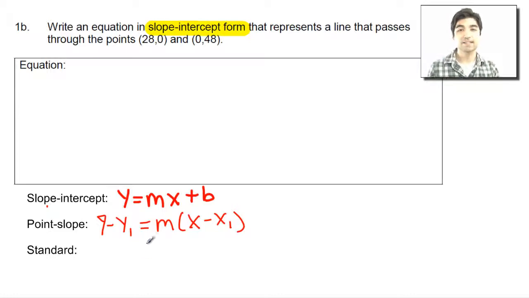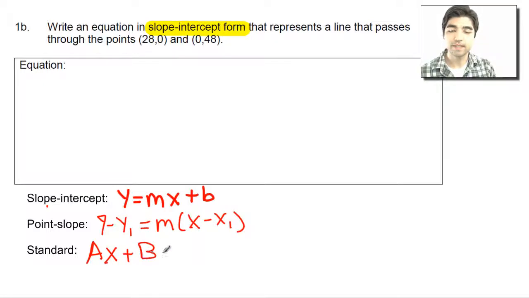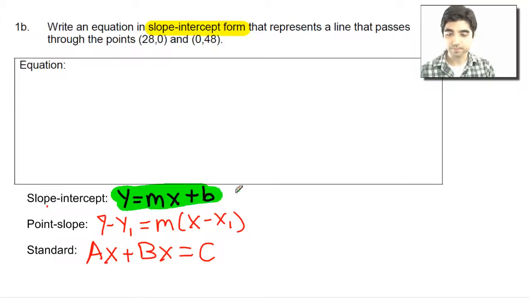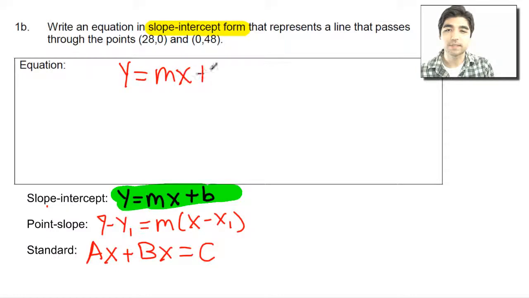And last but not least, there is the standard form, which looks like ax plus bx equals z. On this particular one, we are using the slope-intercept form, that one right there. So probably the first thing that I write down is y equals mx plus b.